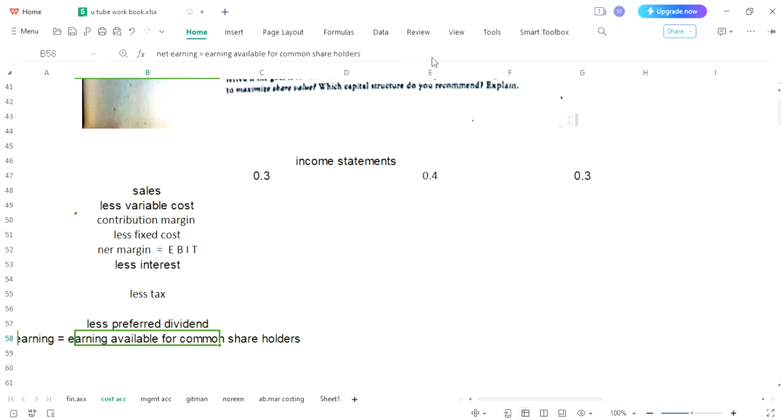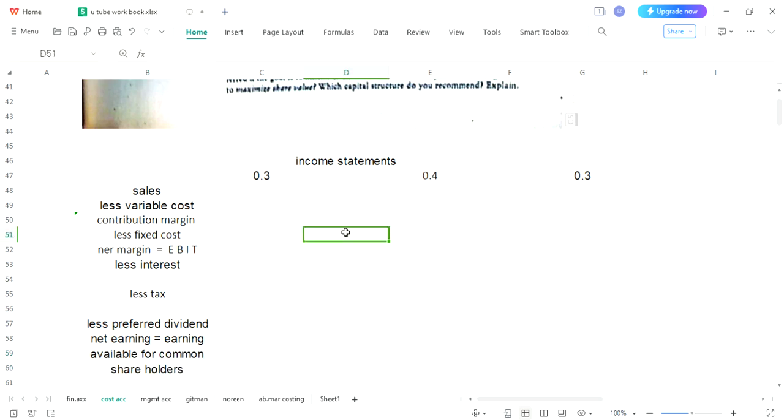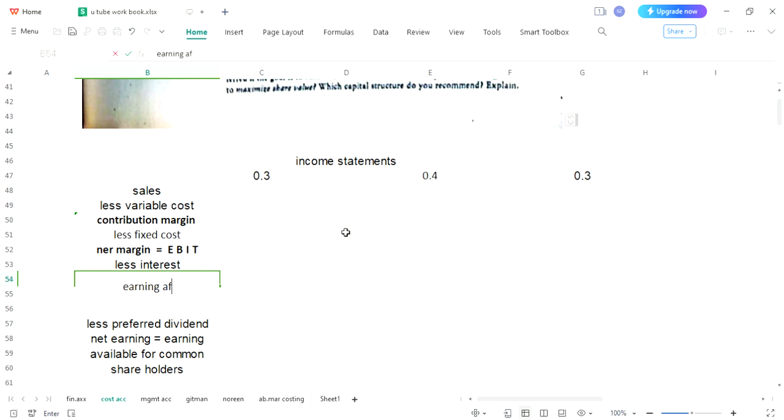Actually, this is teasing a little bit. The function of wrapping up is basically to adjust all headings, but it is not adjusting. This is your first heading, the second heading is net margin, and when you subtract your interest, we get earning after interest and before tax.